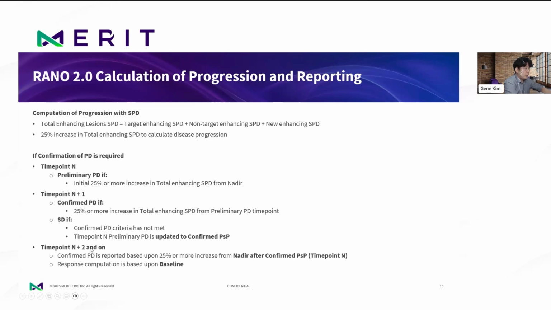Then from time point N+2 and on, the response computation is based upon the baseline. So this new nadir time point only serves for the confirmed PD reporting, but if the patient ever responds back to PR or better, this will be calculated based upon the baseline.